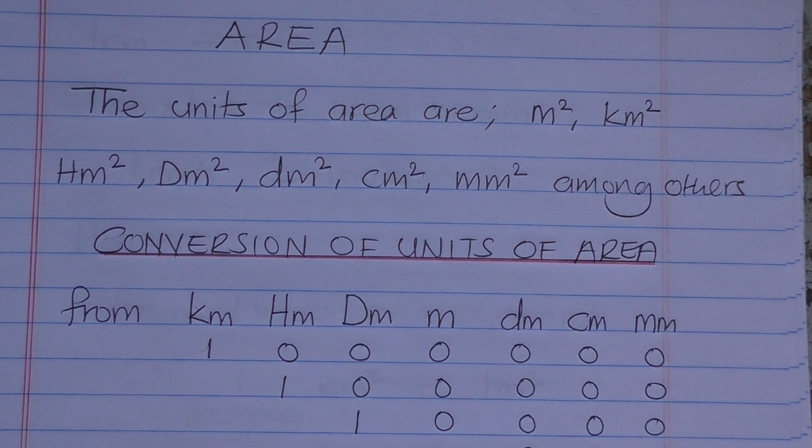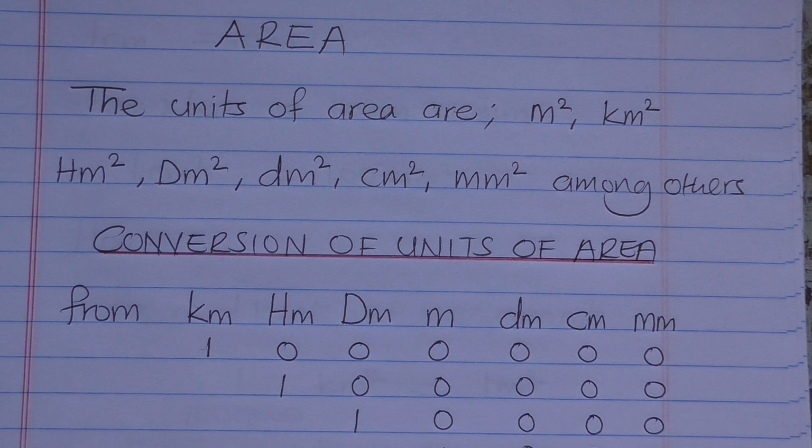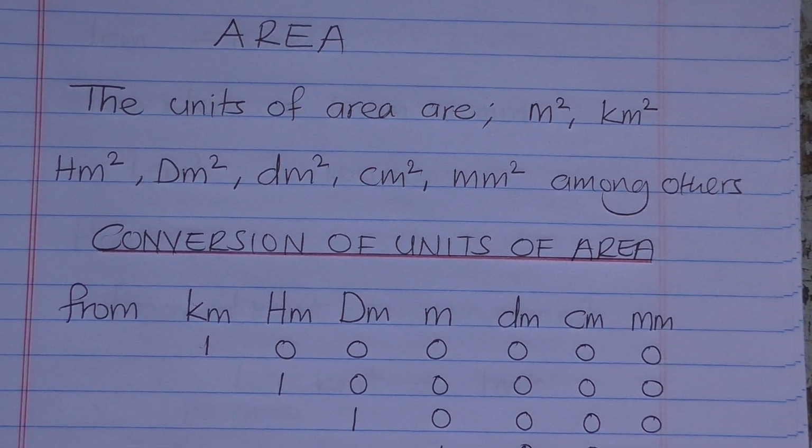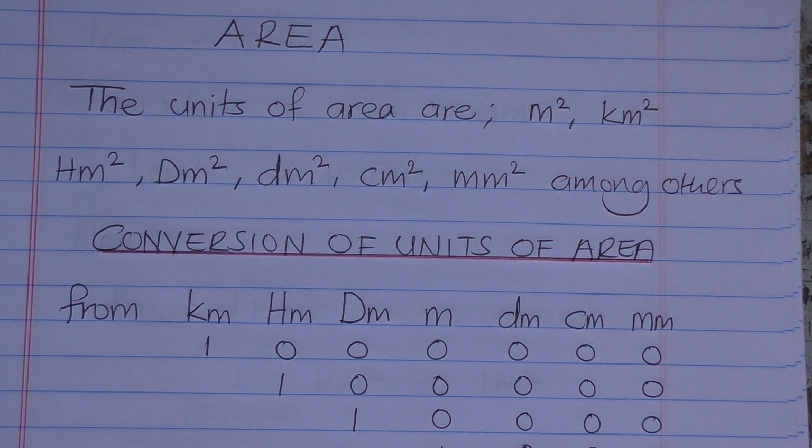To move on, there are two types of area. We have the cross-sectional area, which is normally considered for two-dimensional figures like a triangle, rectangle, square. So the area we get for a triangle, a square, a rectangle is the cross-sectional area.